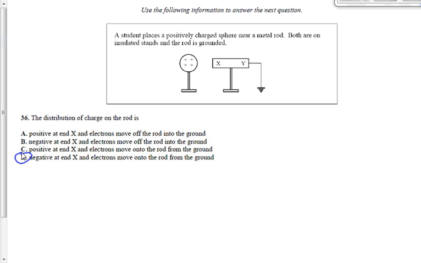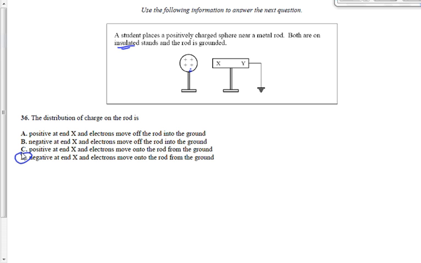It says a student places a positively charged sphere near the end of a metal rod. Both are in insulated stands and the rod is grounded. Why the insulated stands? Why are they telling us this? Why does it matter that this positively charged sphere is insulated from the ground? Right. If this was attached to the ground, then electrons would be transferred up from the ground to it.